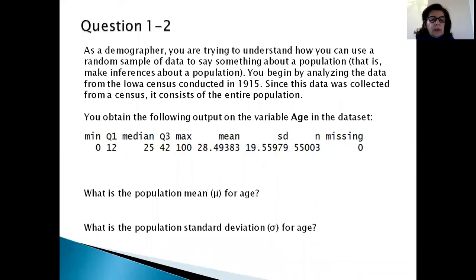The question is, what is the population mean for age? As we see in the summary, it is 28.49. What is the population standard deviation, sigma, for age? It is 19.56.